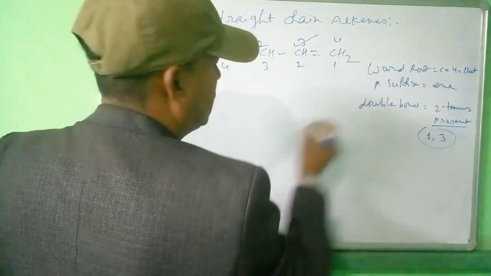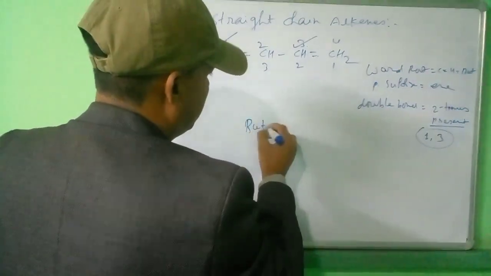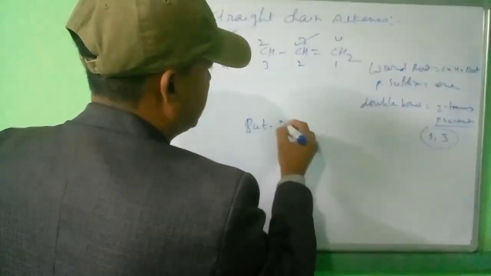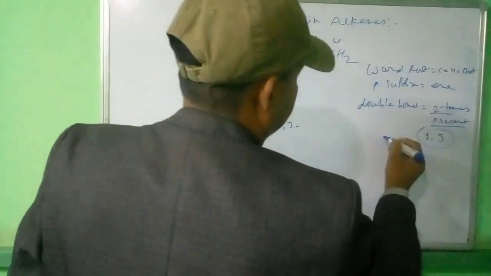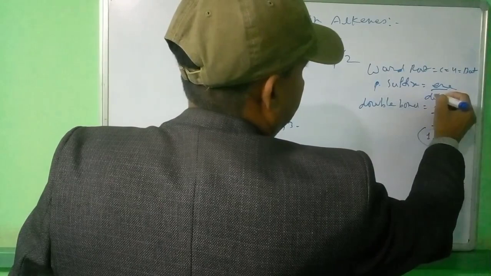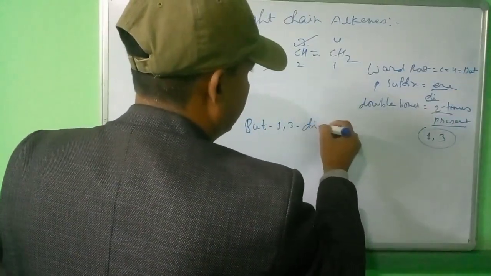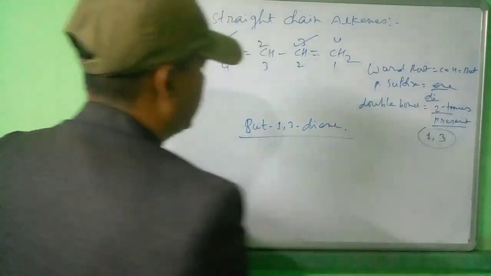Now what is the word root? But. But is the word root. Now dash 1 comma 3 dash, and if two times present, ene and ene, so the di term can be written: di-ene.